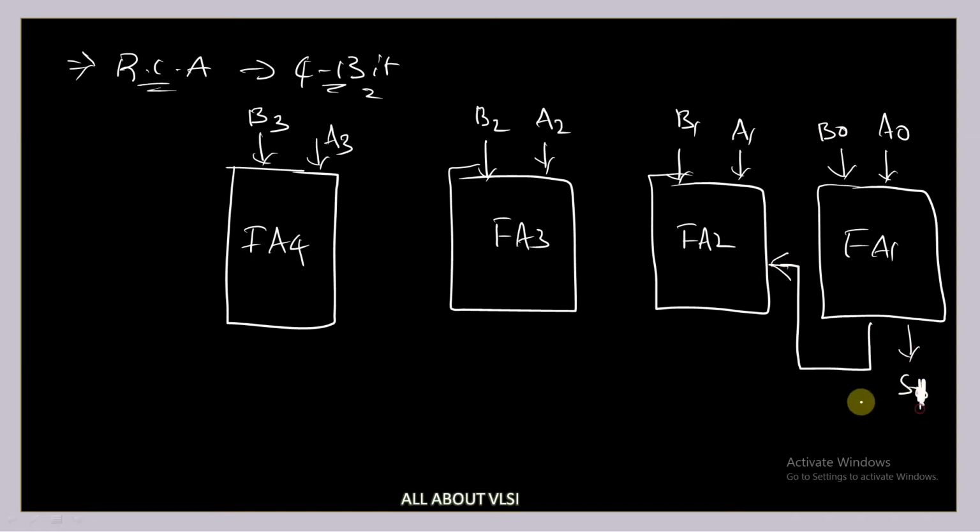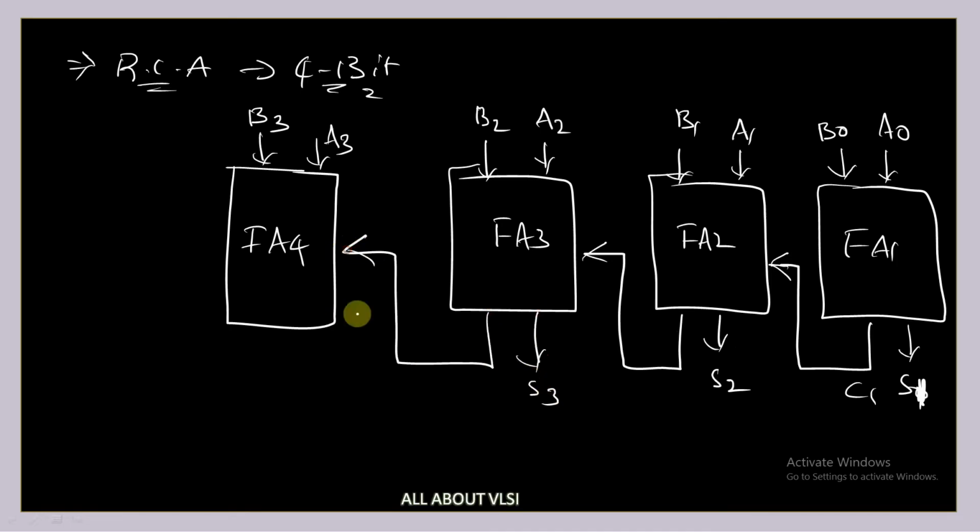This is S1 and this is C1. Here I'm going to get S2 and C2 is given to FA3, and S3 and C3 is given to FA4, and S4, and this is my C4. So this I need to design using gate level model. Let us see how to design this ripple carry adder.